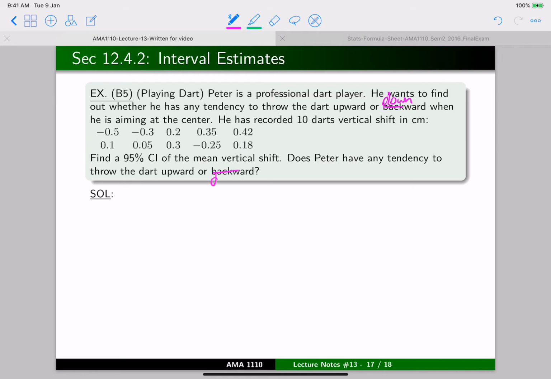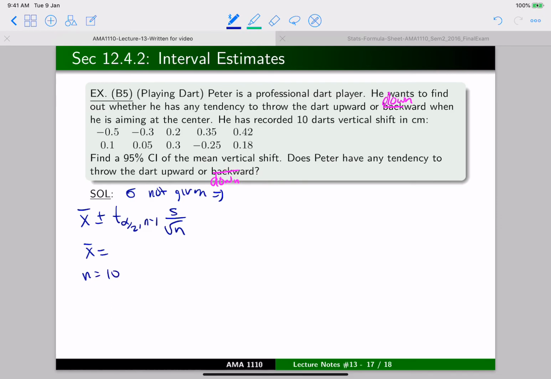Okay, so again, sigma, the population standard deviation, is not given here. So you use the t distribution confidence interval formula. So x bar plus or minus t alpha over 2 times the sample standard deviation divided by the square root of n. Here n is 5 times 2, which is 10.